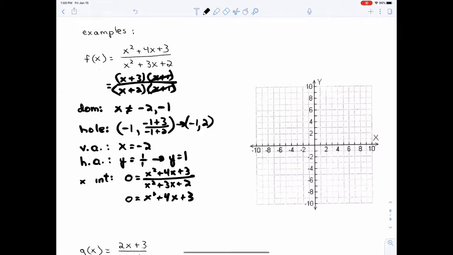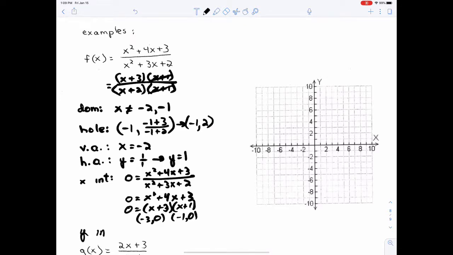So let's solve that. x plus 3 and x plus 1. So your x-intercepts are -3, 0, and -1, 0. Okay, fine.